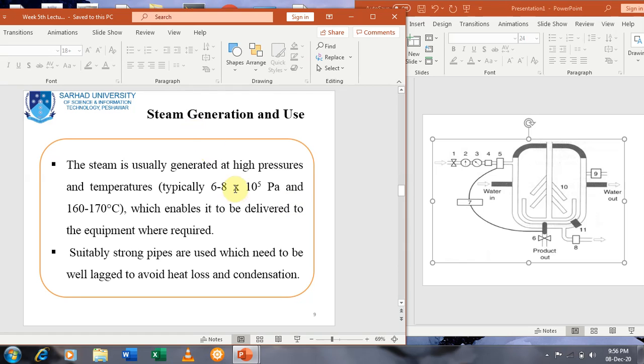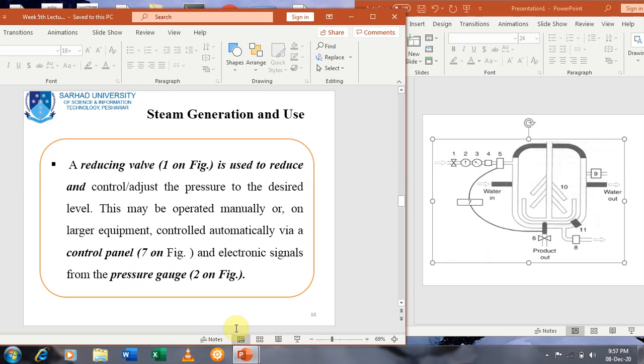High pressure is required for the generation of the steam, typically in the range of 6 to 8 multiplied by 10 to the 5 Pascal, and high temperature is also required, that is 160 to 170 degrees centigrade, and strong piping is necessary.